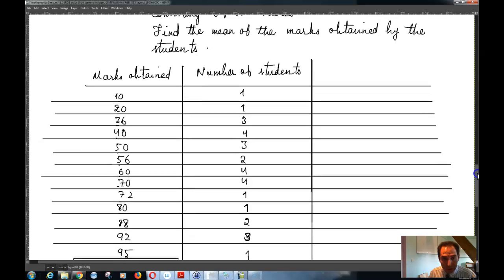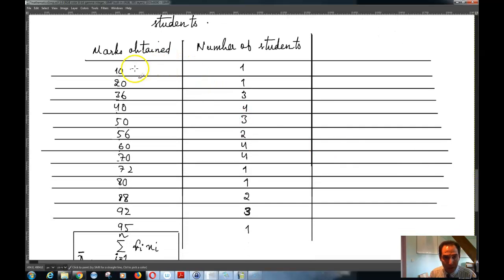Now what is x of i, and what is f of i here? Each and every one of your observations is called an x of i. And the respective frequency of each observation is called f of i.